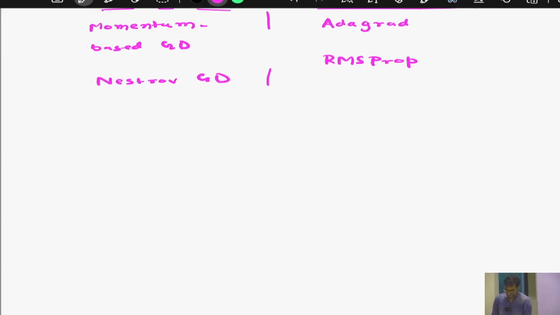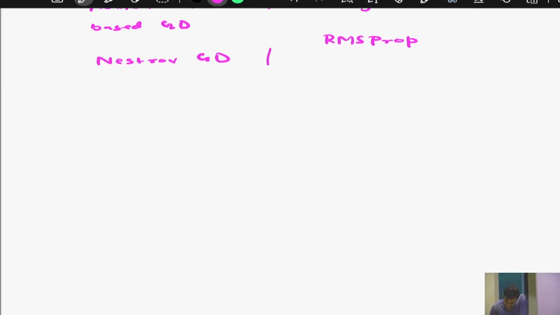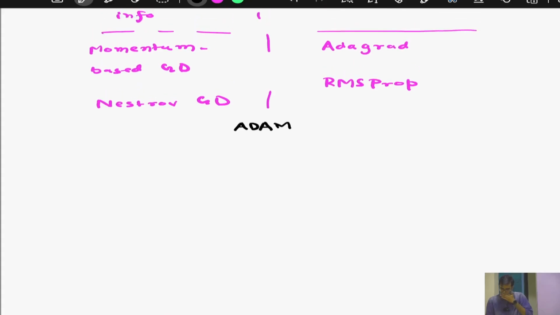And then lastly, there is this algorithm Adam, which is the most popular one, which actually combines RMSprop with momentum based gradient descent. So basically, it is kind of best of both worlds.